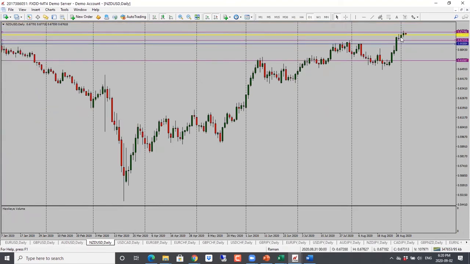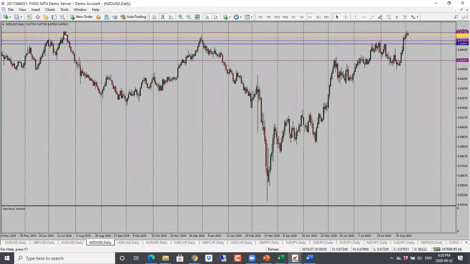New Zealand dollar here, this one did go up, and this is neutral. It hasn't really held above the resistance level, and we may get another retest of the 0.6780 level. If it holds below that, then we're looking for a drop. But should it go through, then we're looking back above this resistance level.